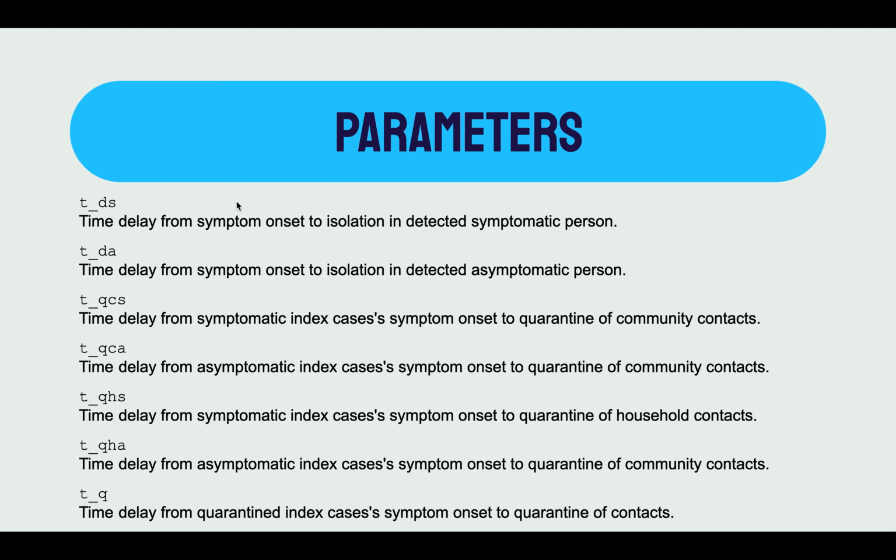For example, the t_ds parameter is the time delay from symptom onset to isolation in detected symptomatic persons, and t_da is symptom onset to isolation in a detected asymptomatic person. The same goes for all of these tQ values. These are all for different individuals that are being quarantined: the time from the case's symptom onset to the quarantine of those contacts.